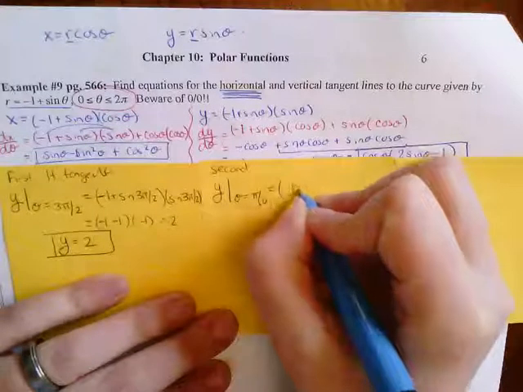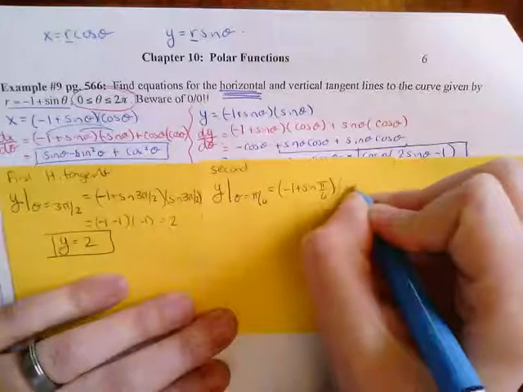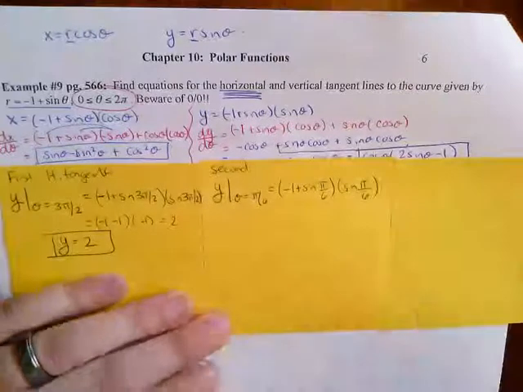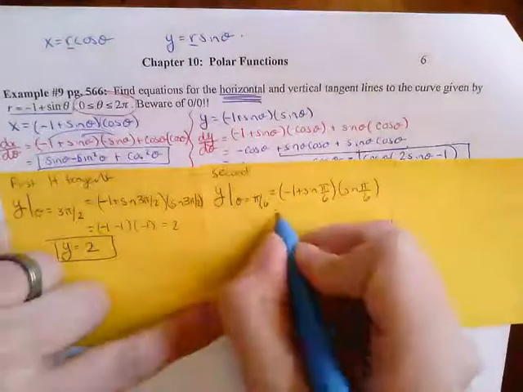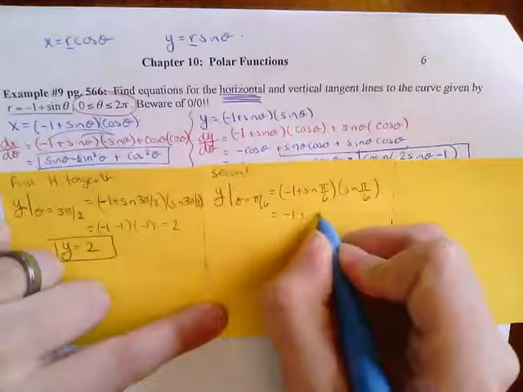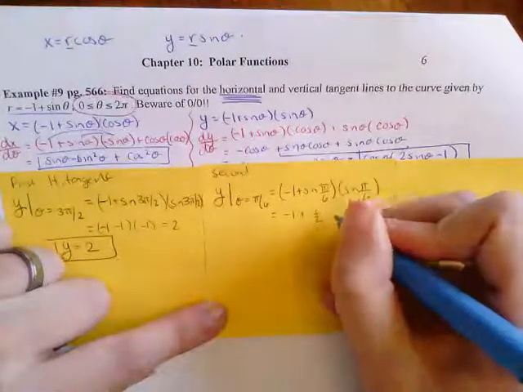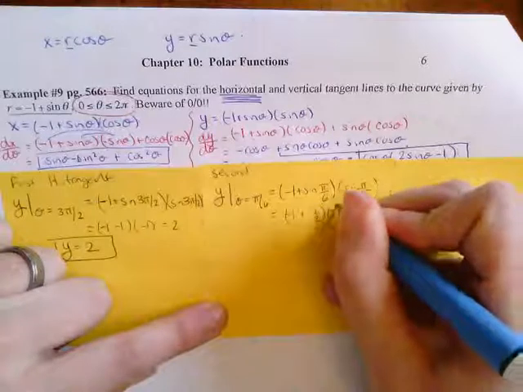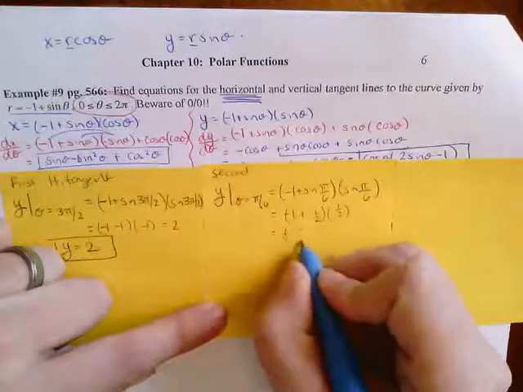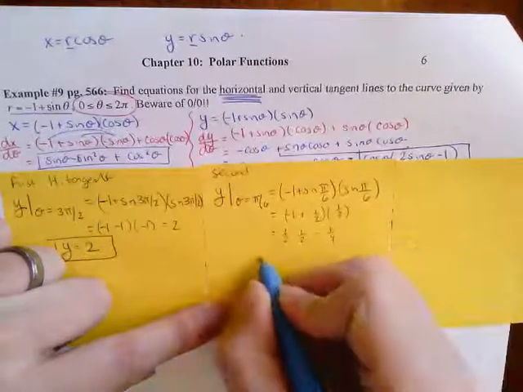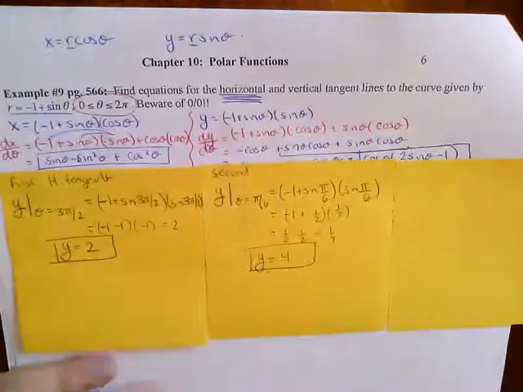I'm going to plug in -1 plus sine pi over 6 times sine pi over 6. Once you do that math, you get -1 plus 1/2 times 1/2, which is 1/4. So my second horizontal tangent is at y equals 4.